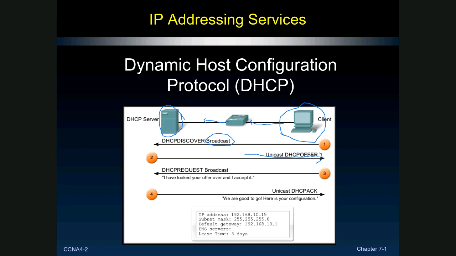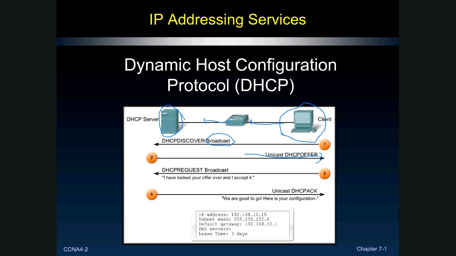So the DHCP server hears the broadcast request and he sends back an offer. If there were two DHCP servers, or maybe more, they both may hear the message and they both may send an offer. The client may hear two offers. He's going to try to accept the one that he used last time, if he had used one before. So let's just say in this case it's a simple network with only one DHCP server.